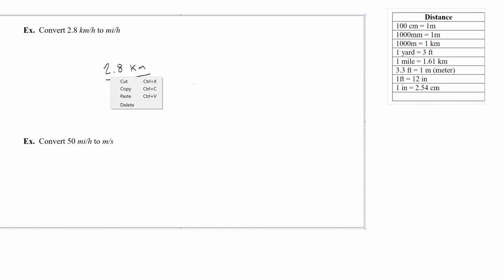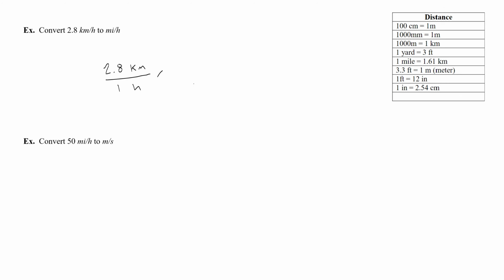And to convert it to miles, I'm going to set up my factor label, and I'm going to put kilometers on bottom and miles on top. And again, I know that in 1 mile there's 1.61 kilometers from this little chart.